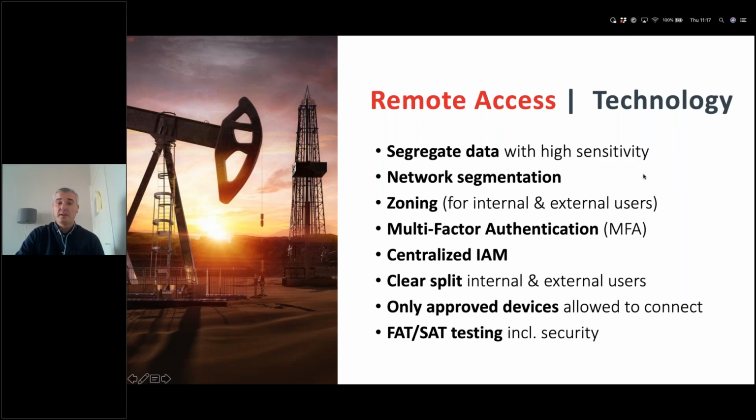Before connecting, those devices have to be checked in a technical way to see if they are in a proper state as the IT department requires. And besides that, we should not forget to test these remote accesses, because everything can always go wrong. So before giving access to devices and people, always test it before. Next slide, please.